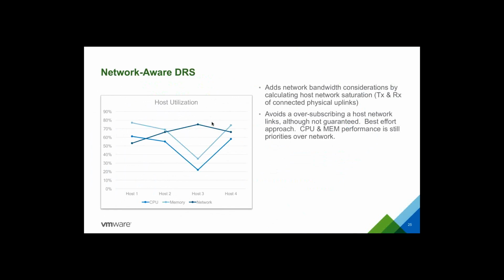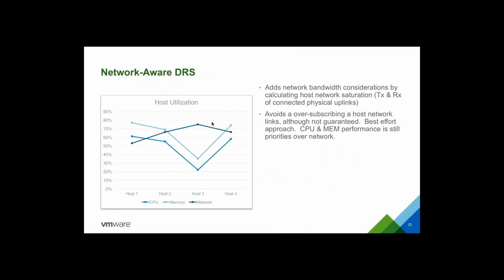And so if a host is already network saturated, and what we mean by that is any host that is over 80% utilized, DRS will no longer use that host for a placement of a virtual machine. It will then move to the next host in line for placement decisions. So we're just trying to not oversubscribe the links and make better placement decisions for DRS.